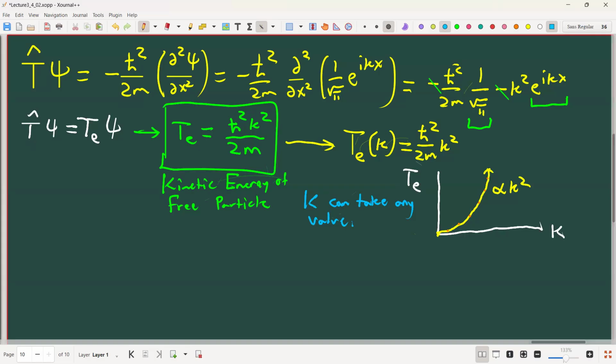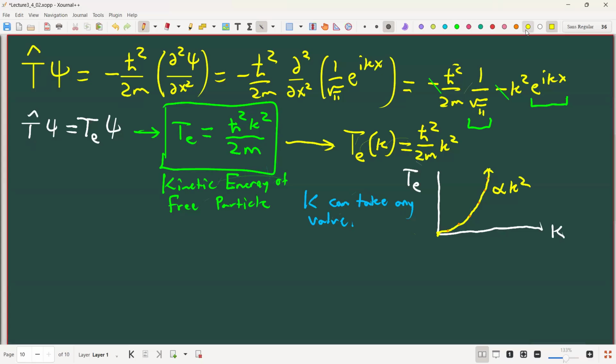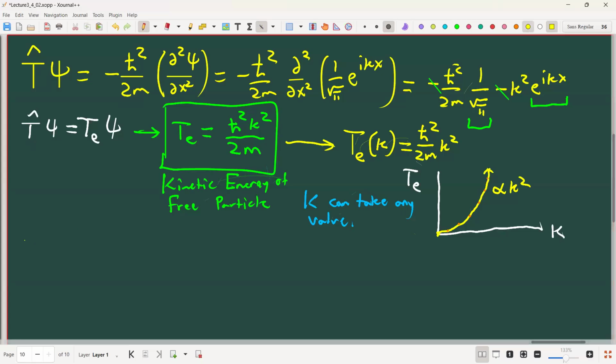Let's do just a bit more analysis here. We can relate the kinetic energy to the momentum. Remember, the kinetic energy is p squared over 2m.